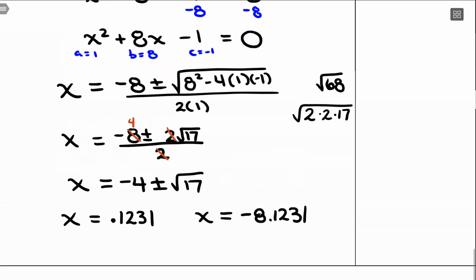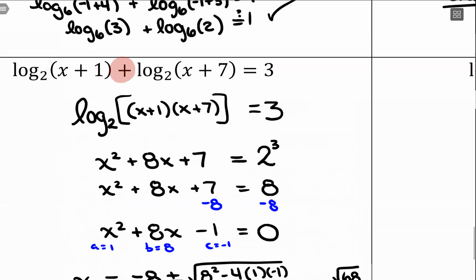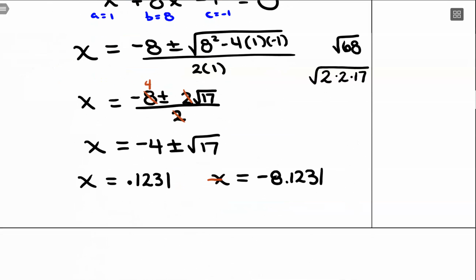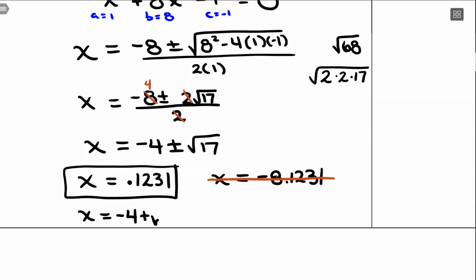In this negative 8.1231, we're going to have issues when we plug that in in both cases. It's going to make a negative number in those logarithms, which we cannot have. So that won't check, but if you plug in the 0.1231, that'll work great. So for the exact solution, we would have the case of the addition of the two numbers would be exact, and then we have the decimal form.